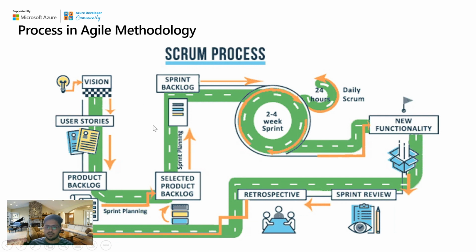Let's say the ultimate project goal, the vision, is to develop a web application, and inside that we intend to have login functionality, sign up functionality, and many other functionalities. So in the user stories, we just jot down a scenario from the user perspective: what things we have to implement and how this functionality should work, basically the flow of the functionalities.